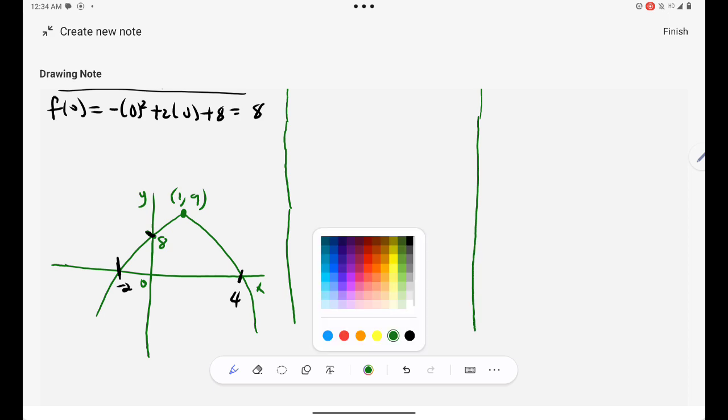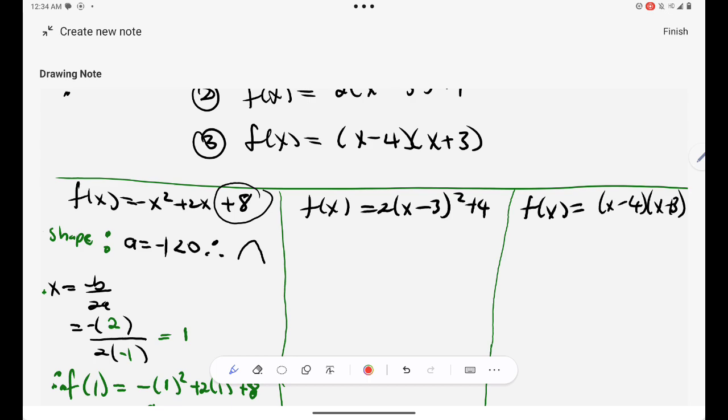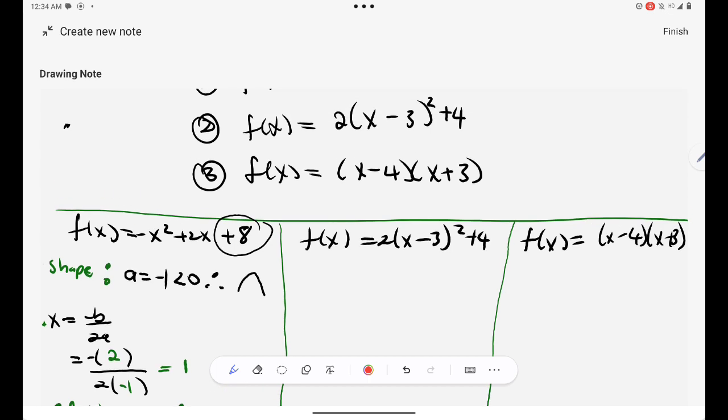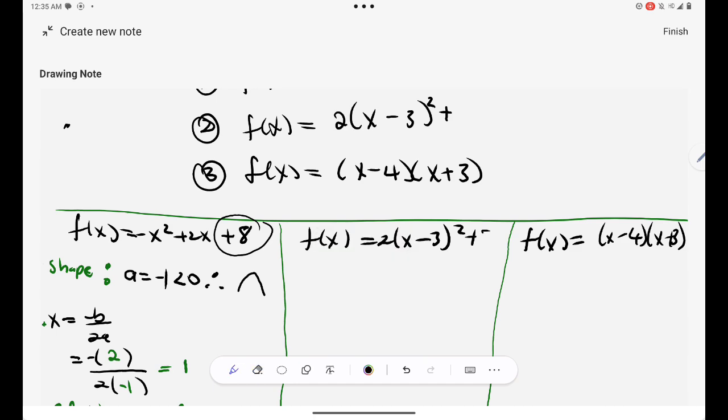And then now let's focus on this one. Let's make this one to have an 8 there, so that you can find rational solutions.